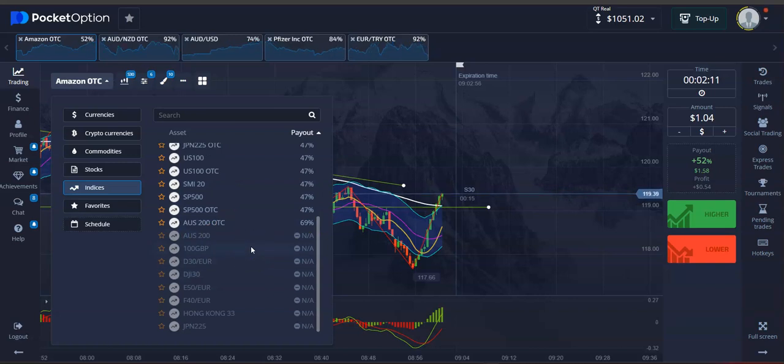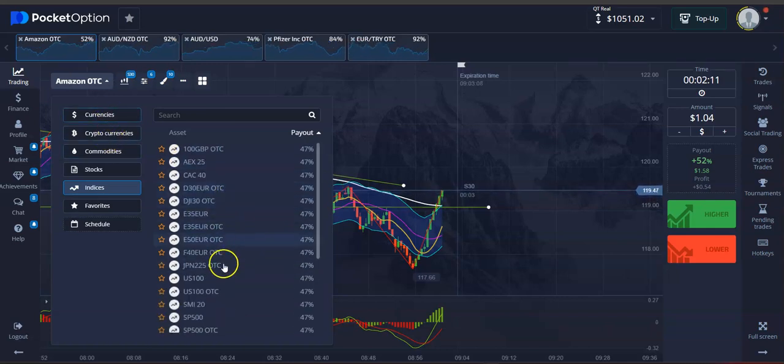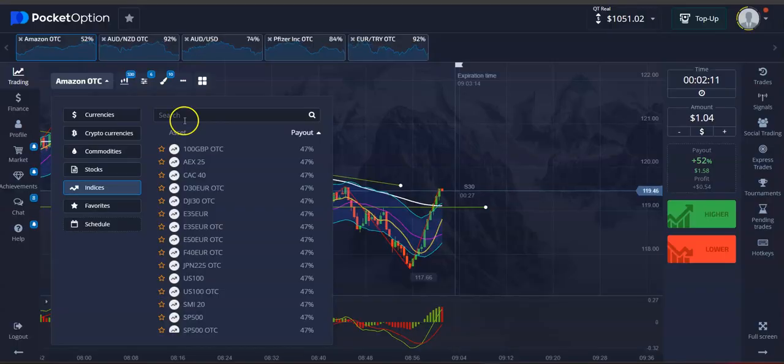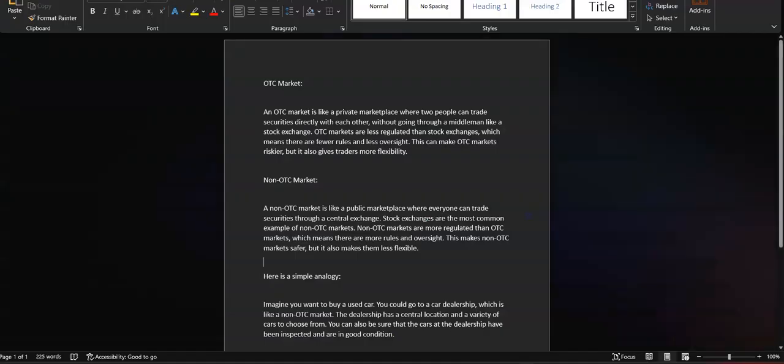Eventually, when the market opens, these pairs will be available, but right now, because the market is closed, they're not. On Saturdays and Sundays, all these non-OTCs will not be available because the market will be closed. Also, like I said, the payout is greater because OTC is less regulated, so it's a lot riskier.